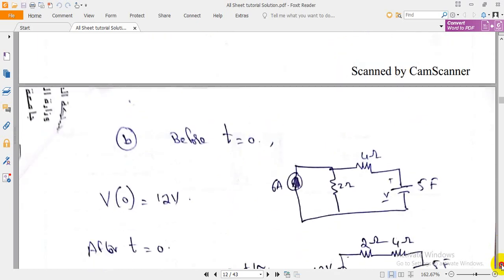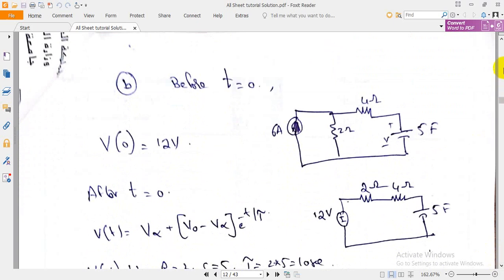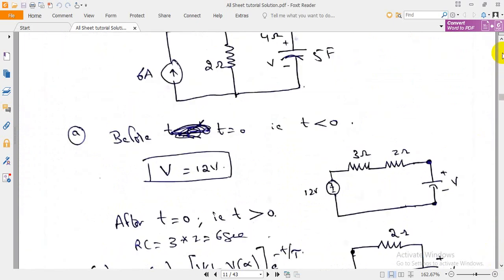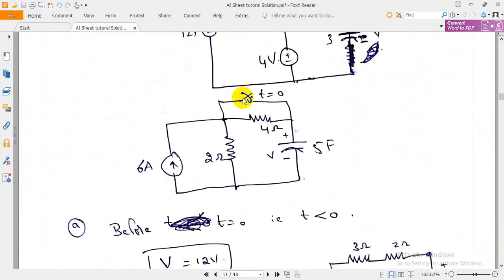Now question number 2. In question number 2, the switch is on the top. It is closing. Closing means when t is greater than 0, this will be the connection, and the 4 will be removed when t is greater than 0.